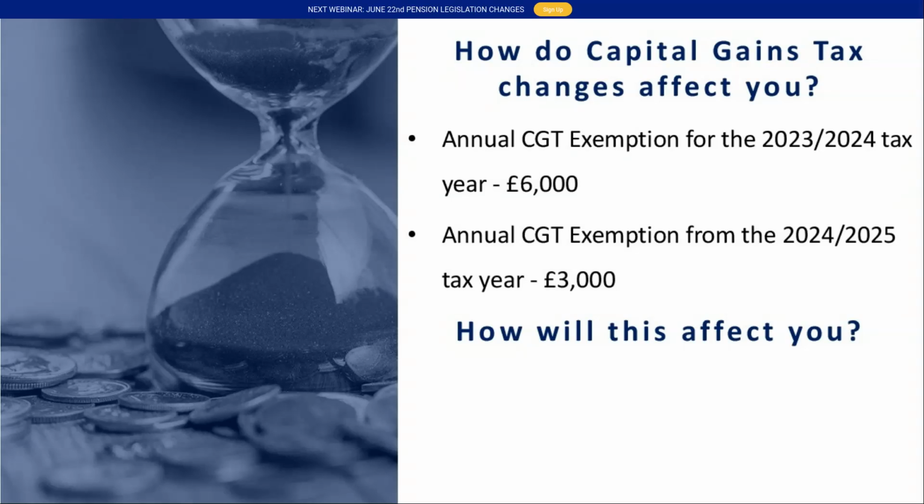There are about 100,000 people of those affected who routinely file self-assessments. So over 100,000 people don't routinely file self-assessments, and may be brought into the capital gains tax net as a result of the halving and halving further of the annual CGT exemption.